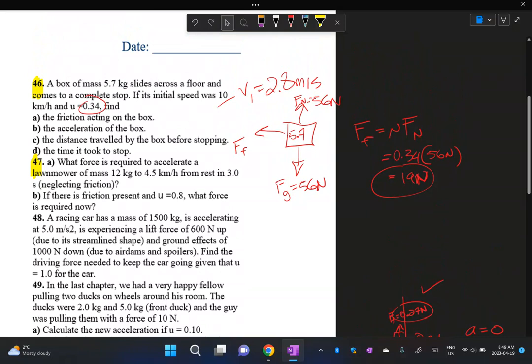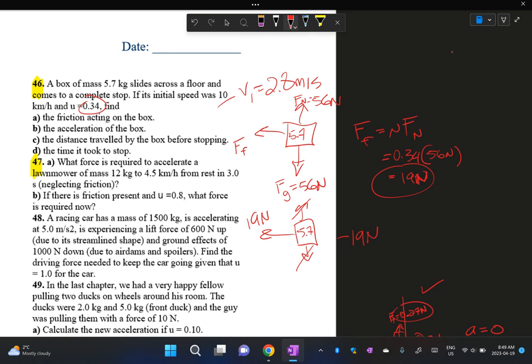What do we have next here? B, find the acceleration of the box. And I guess that can be kind of confusing because we've got the box here. It's 5.7 kilograms. The forces that are up and down are balanced, so we don't even worry about them. So we're just worried about the horizontal forces. So we could say forwards forces minus our backwards forces, like we did before. But all we have is a backwards force.